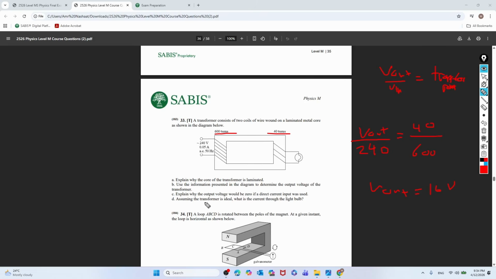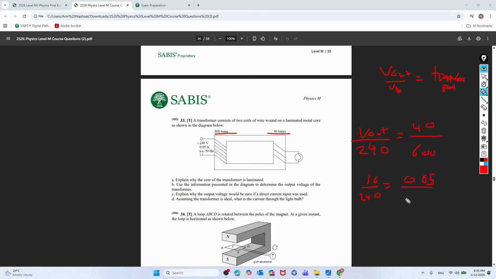Assuming the transformer is ideal, what is the current through the light bulb? So V out over V in equals I in over I out. V out we got 16, so 16 over 240 equals 0.05 over x.